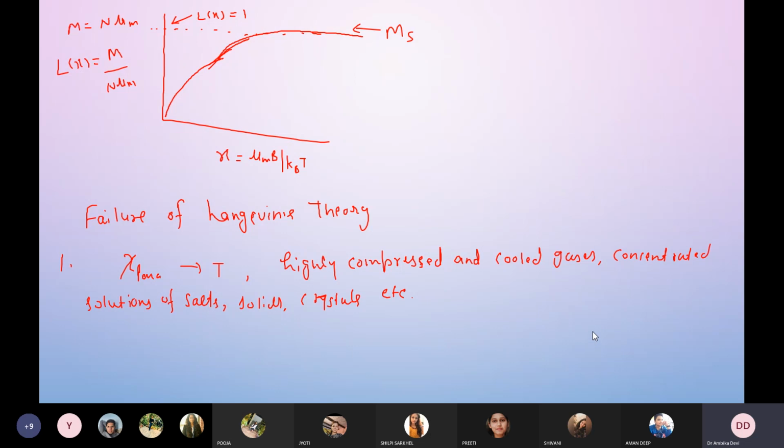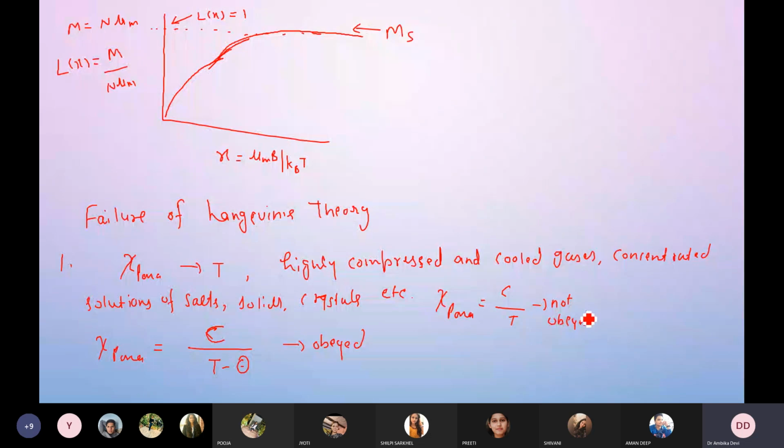Why is it so? In this particular case, χ_para equal to C upon T is not obeyed. This Curie law is not obeyed. Rather, these materials obey the law χ_para equal to C upon (T minus θ).